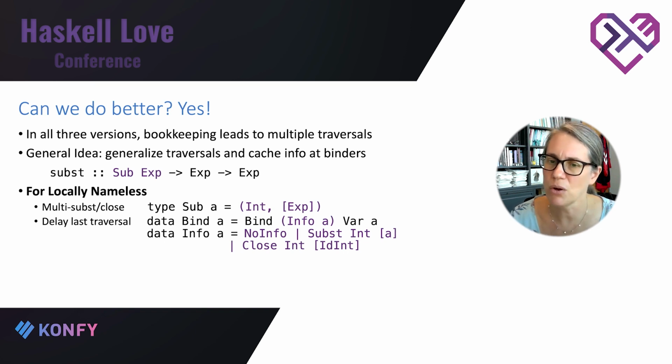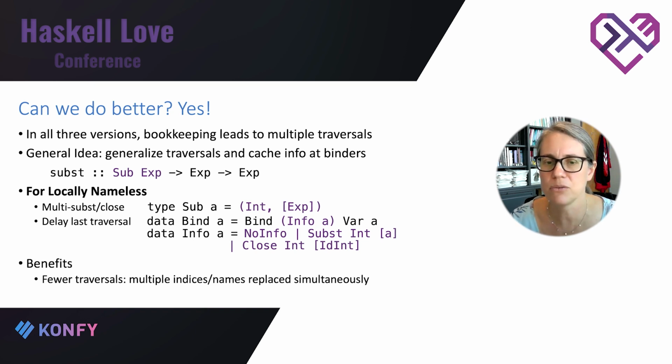Let's cache those at binders. We need to remember whether we're doing substitution or whether we're doing close or we haven't done anything yet. Let's cache that. And that's how we can fuse those traversals together. And that's, again, going to give us a lot fewer traversals as we can open up all of the indices in a term at once instead of doing a bunch of intermediate steps.